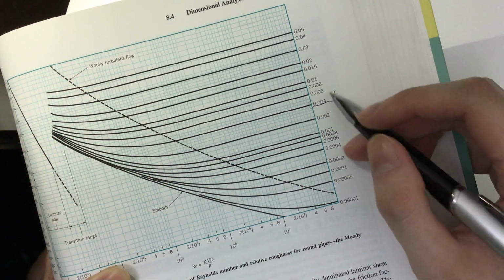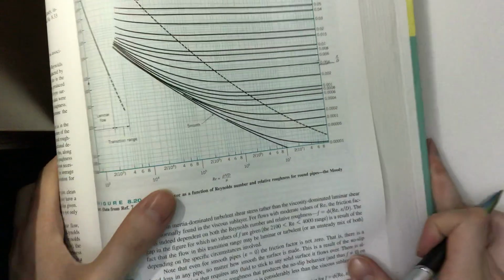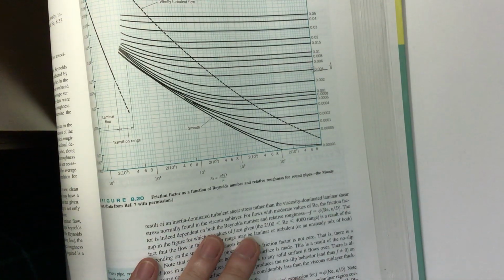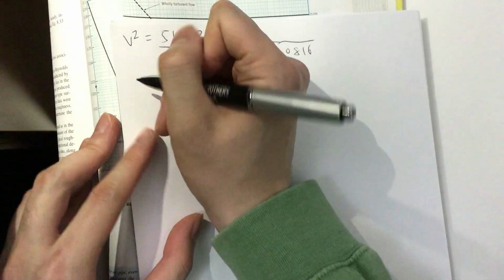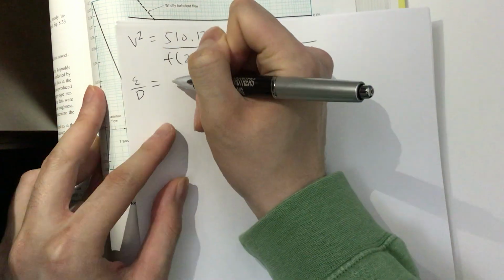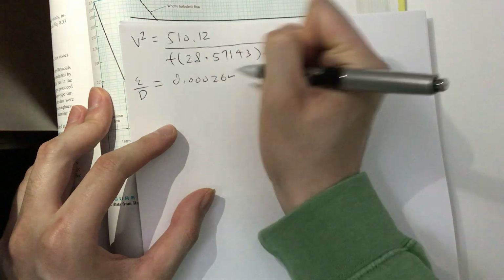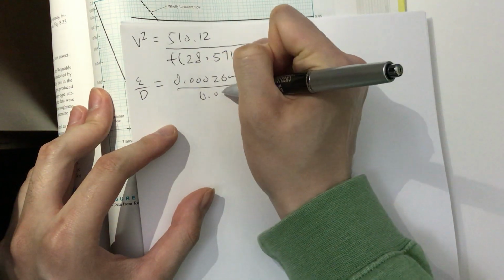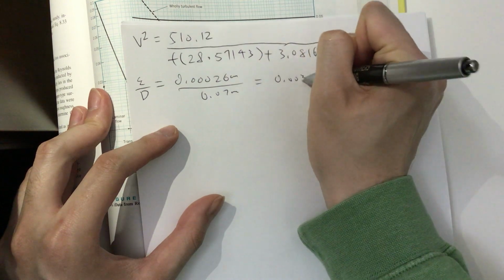So we're gonna find this first, and that will get us a ratio of 0.00026 over 0.07. Our ratio is going to be 0.0037.